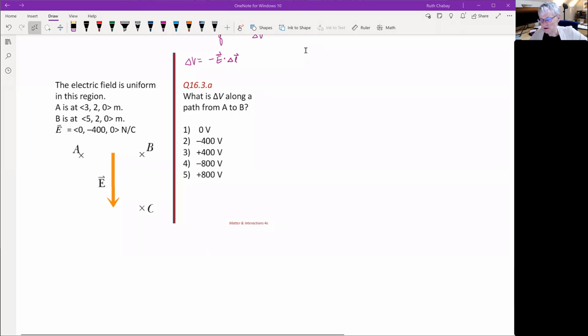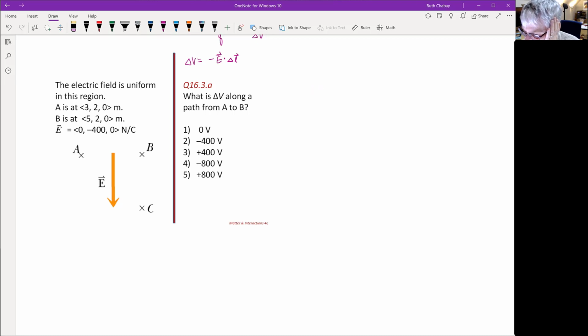So overwhelmingly you said answer 1, the difference in electric potential is 0. And that is absolutely correct by the definition of electric potential difference. So here's the calculation we're doing.